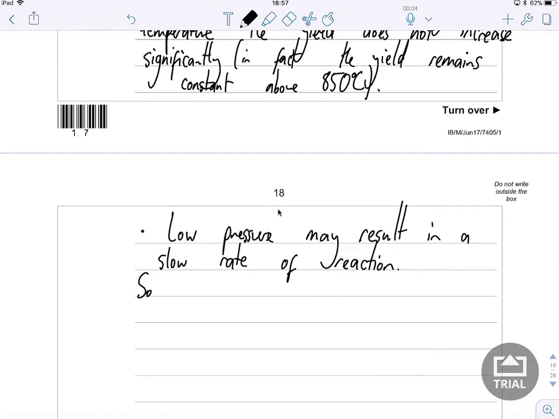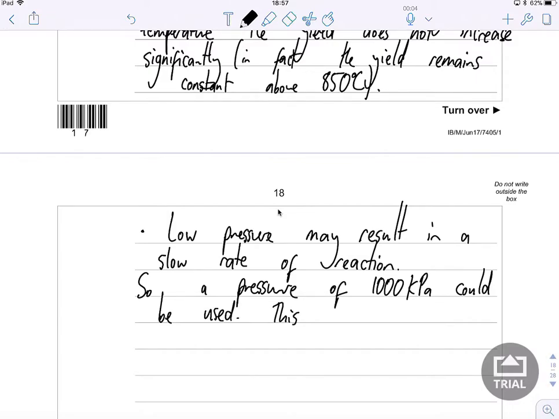So a pressure of 1000 kilopascals could be used. This produces a high yield of methanol.